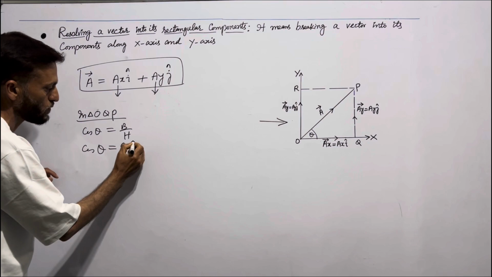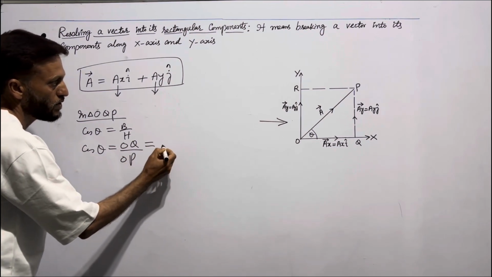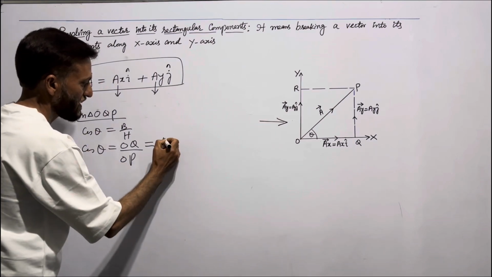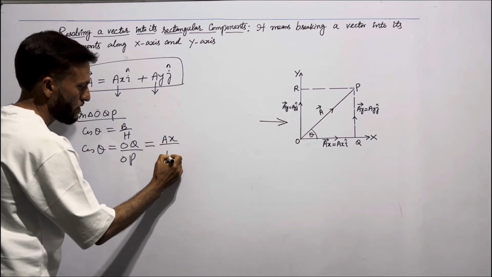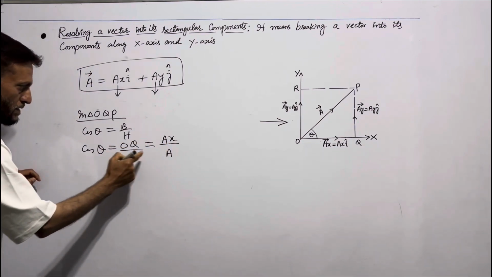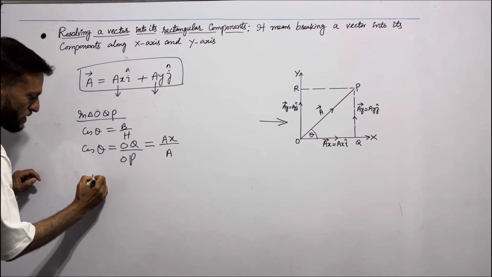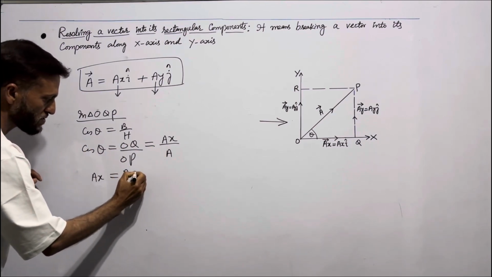It is OQ by OP, which is equal to OQ is equal to AX, and this is equal to vector A. Therefore AX equals to A cos theta.